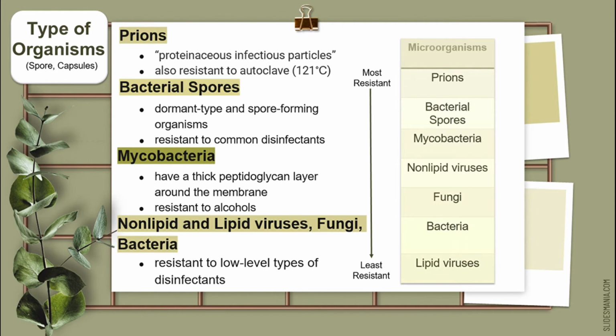On the other hand, mycobacteria are also resistant to alcohols. These organisms have a thick layer of peptidoglycan around the cell membrane made up of proteins and lipids. And finally, the non-lipid and lipid fungi, viruses, and bacteria are known for their resistance to most common or low-level disinfectants.